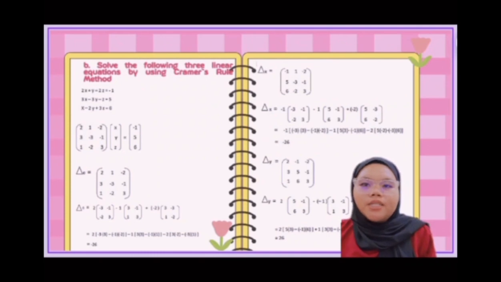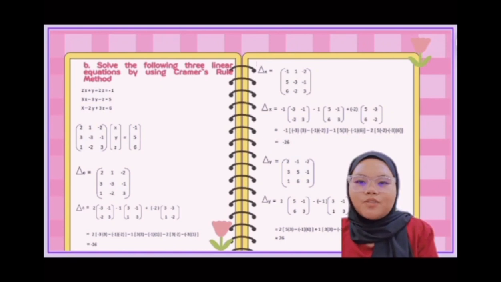Each element outside the bracket has its own sign, starting from positive, negative, and positive. The elements inside the brackets are cross multiplied and then multiplied by the element outside the brackets. Then sum up all the findings. Then we have found delta 0.